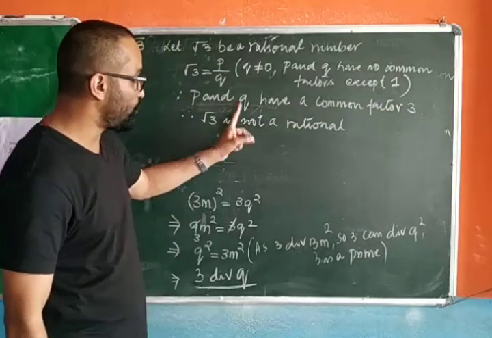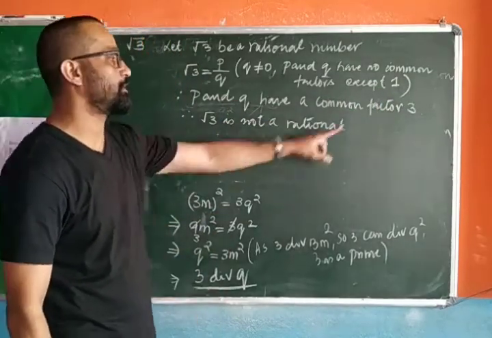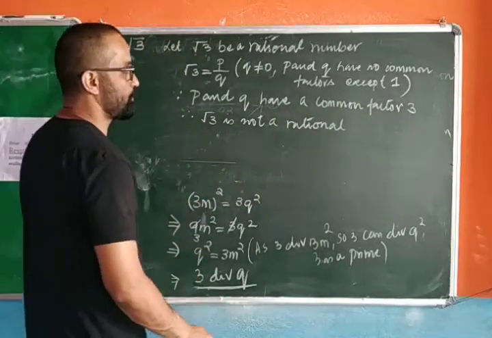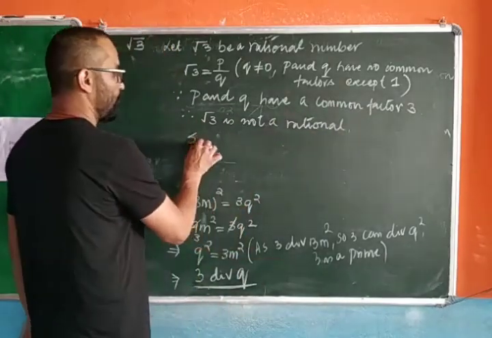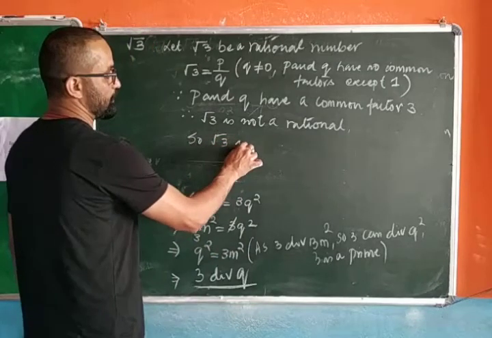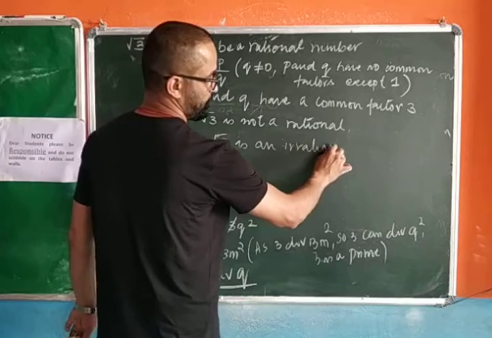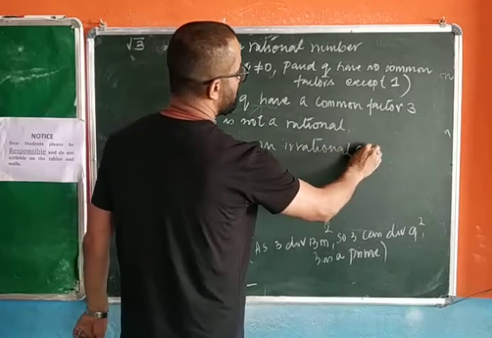So p and q have a common factor 3. So root 3 is not rational. So root 3 is an irrational number.